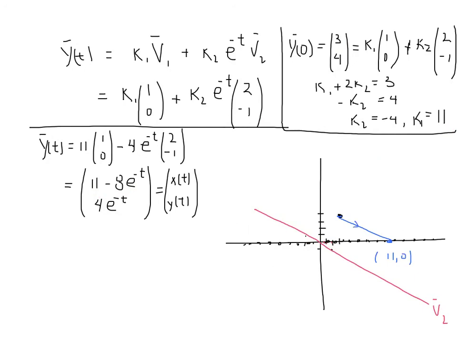This term never reaches 11, and this term never reaches 0. But that's what a solution would look like if we started here. And as time moved backwards, so this is t equal to 0, and let's say at t equal to minus 2, I could be up here, and that's roughly what's happening. Okay, good luck.